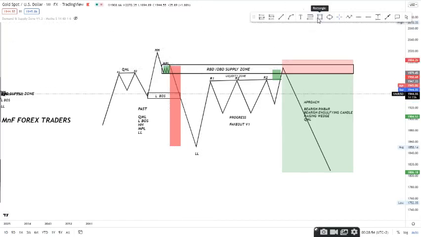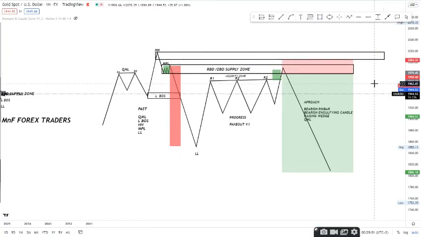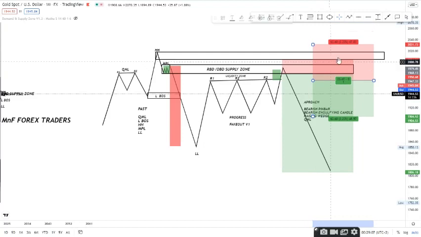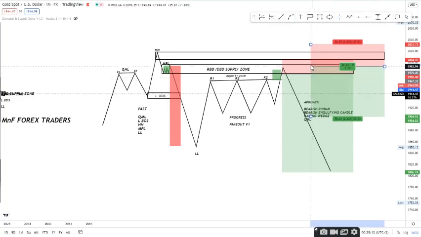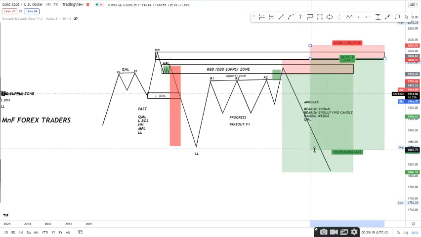So for example, it's going to be something like this. Even the trade I was going to take from here, my stop loss is going to be above my higher high right there, and my target is going to be the same.